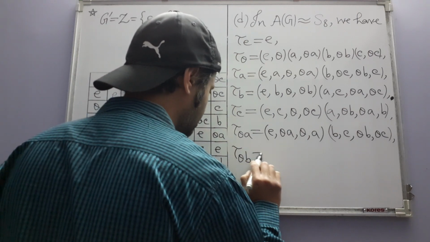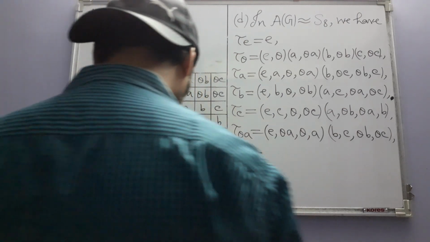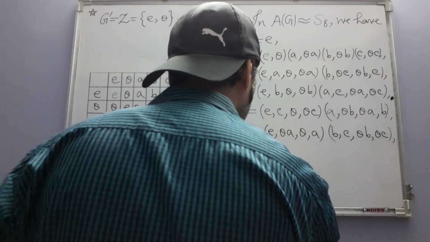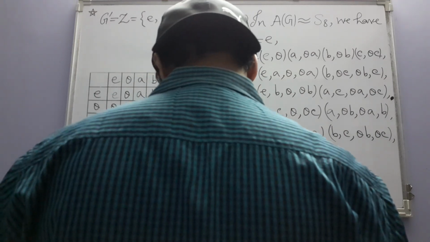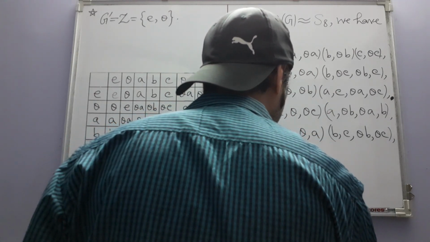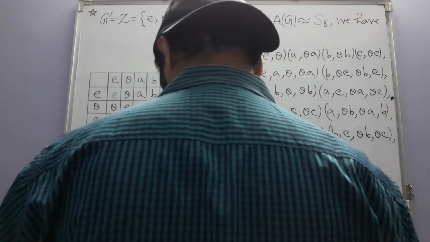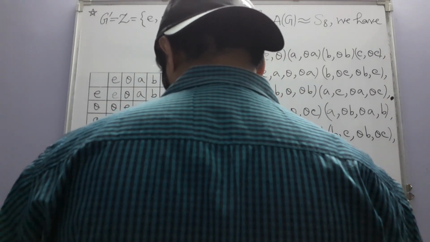Any slight mistake will make the whole thing wrong. E theta B theta B A theta C theta A C.